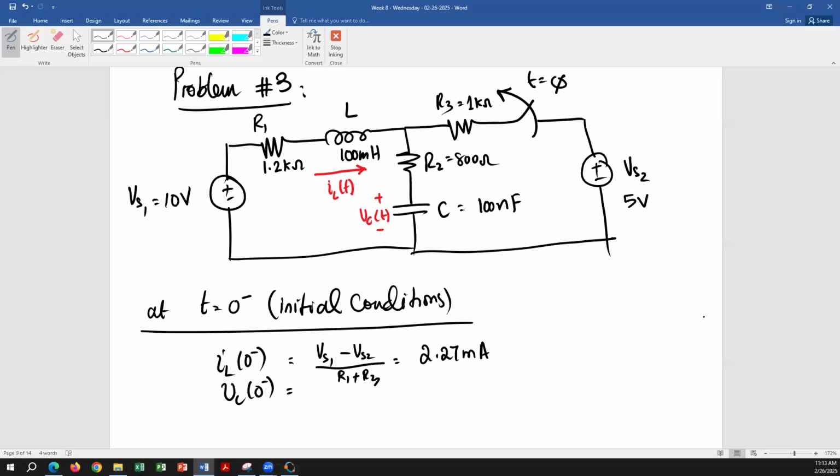In which world is it parallel with Vc? Are they connected between the same nodes? Vs1 is connected here. Vc is connected here. Are they connected between the same nodes?